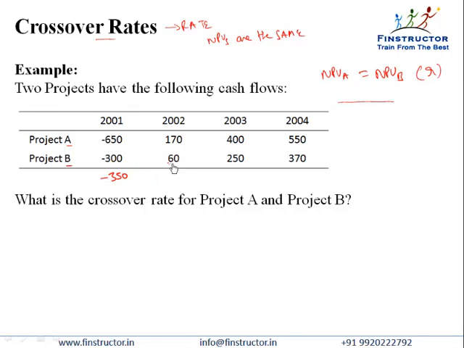In 2002, project A can be thought of as the same as project B plus another $110, plus $150 in year 3, or rather 2003, and another $180 in 2004. So apart from these highlighted differences, the cash flows of project A are the same as project B.